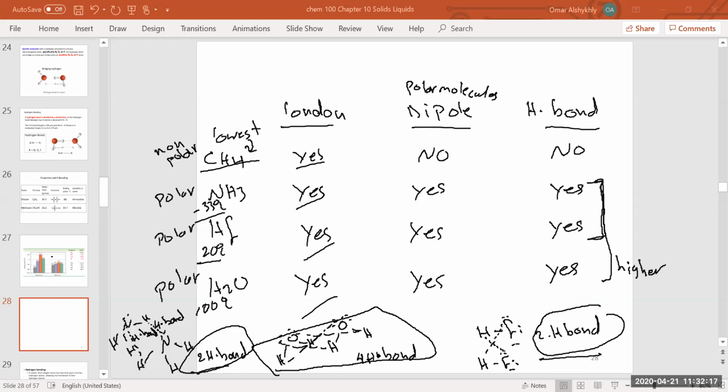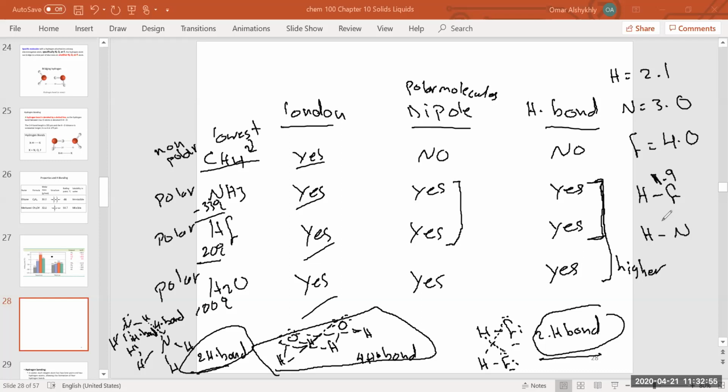What do you think? Now we have to look at the difference in the dipole forces. Hydrogen has an electronegativity of 2.1, nitrogen 3.0, fluorine 4.0. Now, the bond between hydrogen and fluorine, the difference in electronegativity will be 1.9.